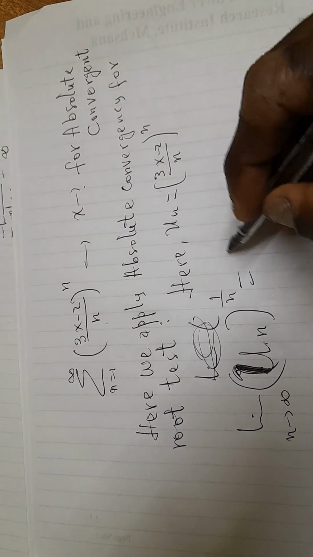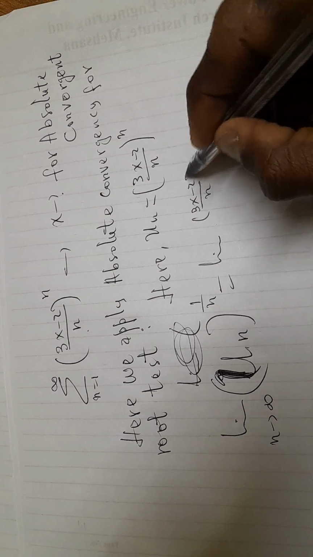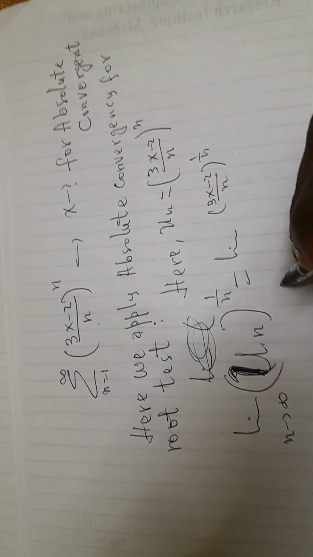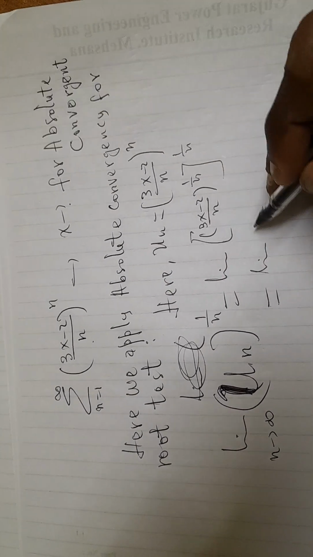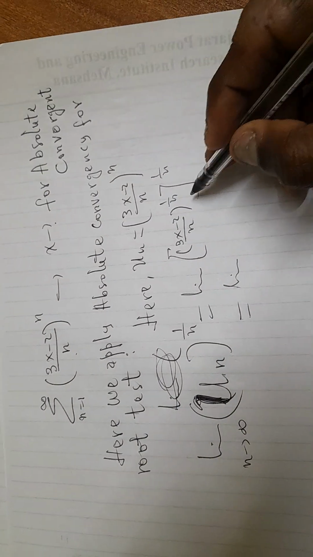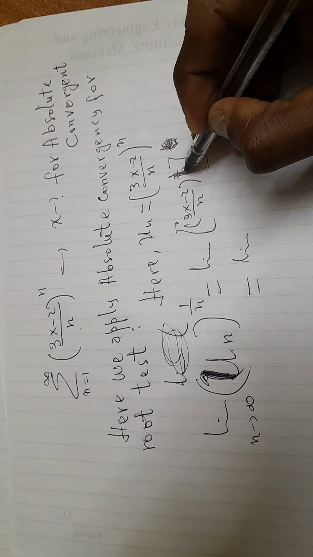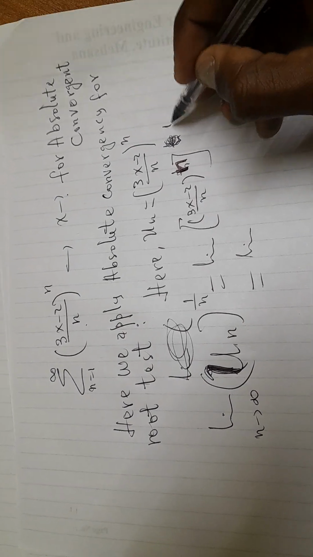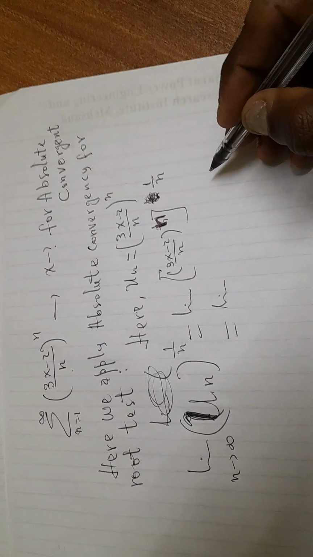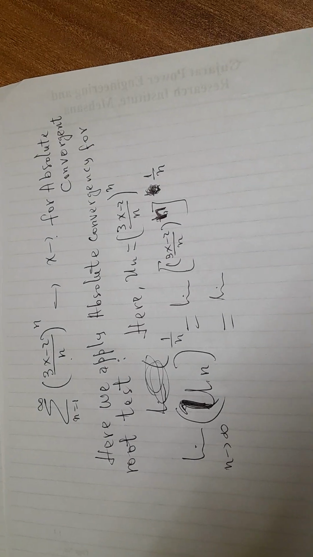This will be the limit of (3x minus 2 upon n) to the power n times 1 upon n. This n is from the expression, and this n is from the formula.